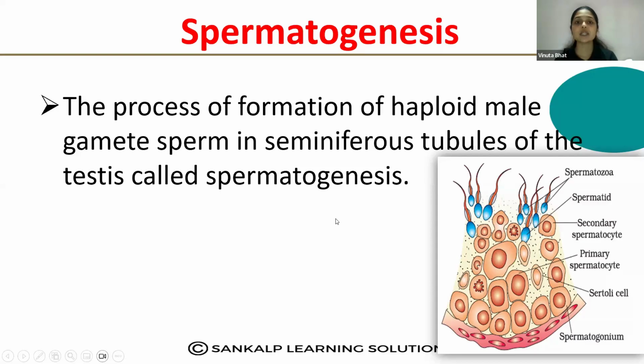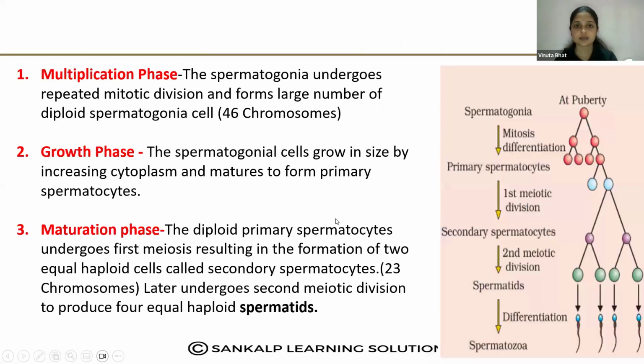What are the steps involved in spermatogenesis? Spermatogenesis mainly contains three steps: multiplication, growth and maturation phase. Inside the seminiferous tubule, spermatogonial cells are present. This process starts at puberty.